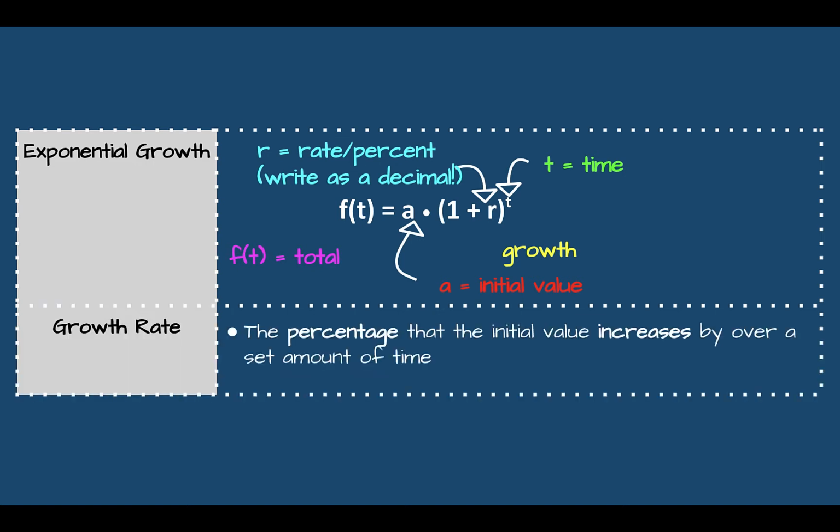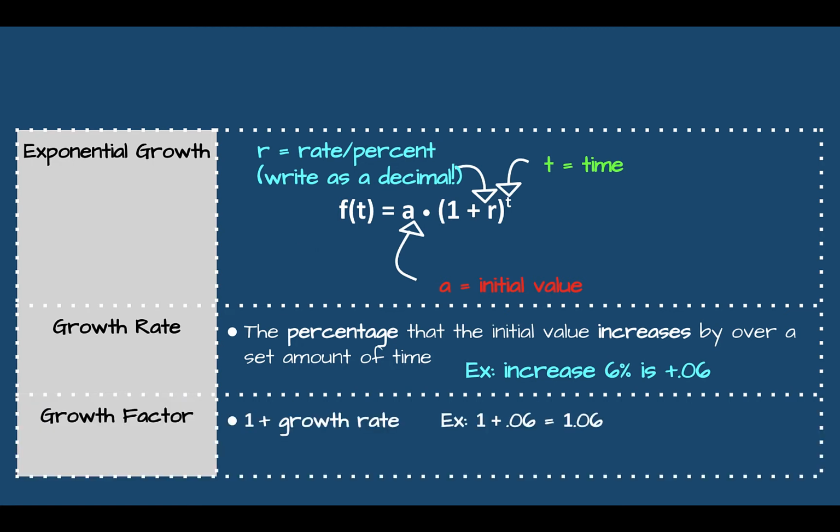In some problems, it might ask you about the growth rate. The growth rate is the percentage that it's increasing by over time. So grow implies that it's increasing. So for example, if it said that it's increasing 6%, then the growth rate would be positive 0.06. Again, we write our percent as a decimal.